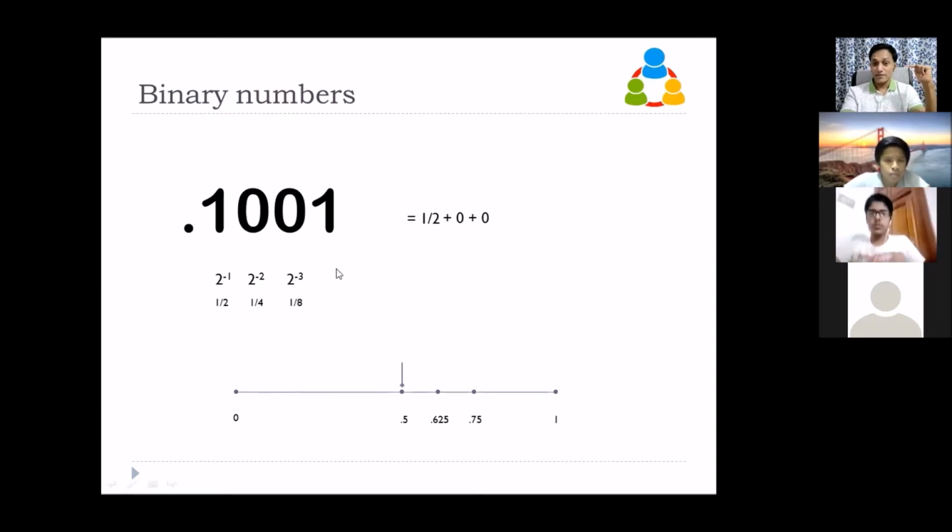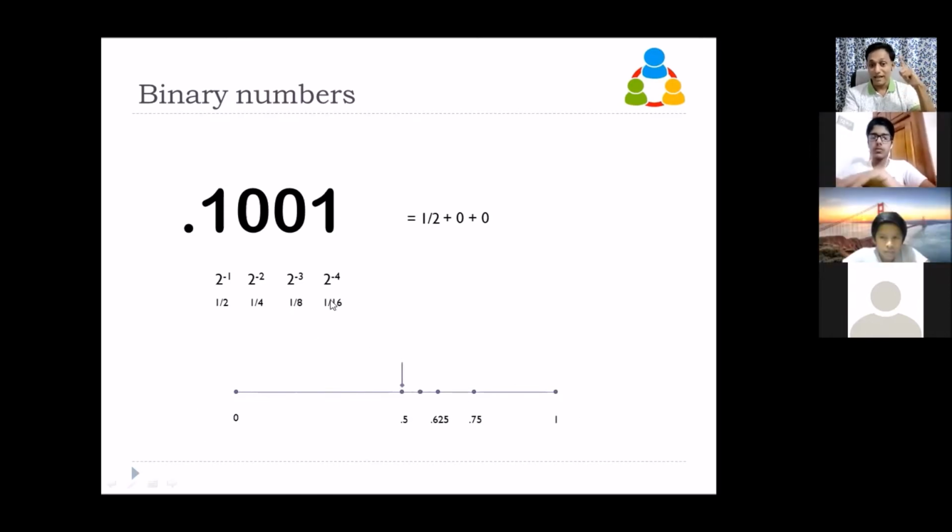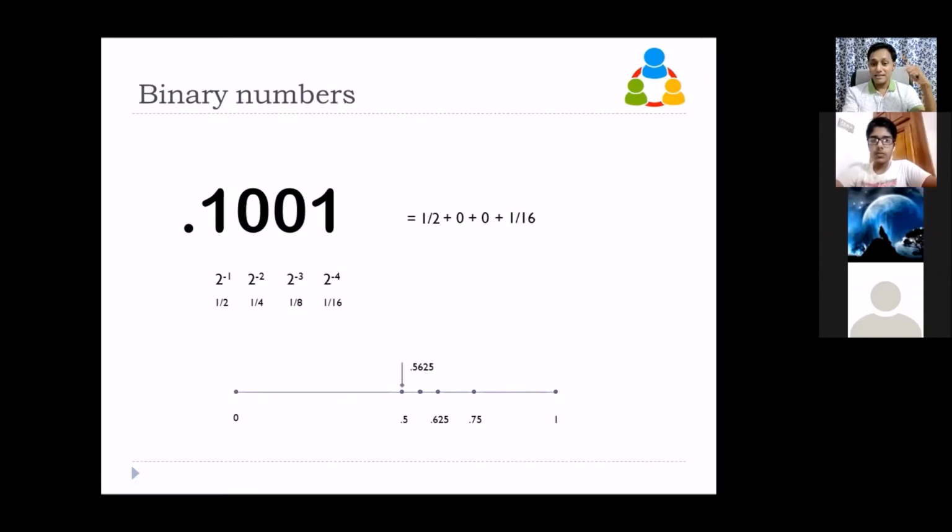One more point, that is 2 raised to minus 4, or 1 by 16. You divide this whole 0 to 1 into 16 pieces now. Where does this stand? Did the value change now? Yeah, this will change, because now you have a 1 value here.